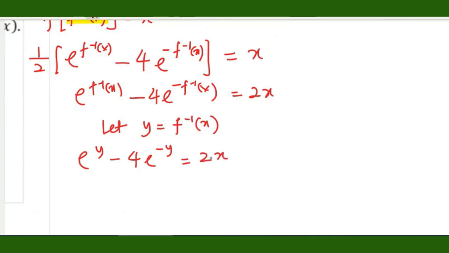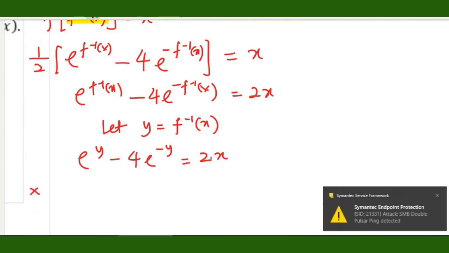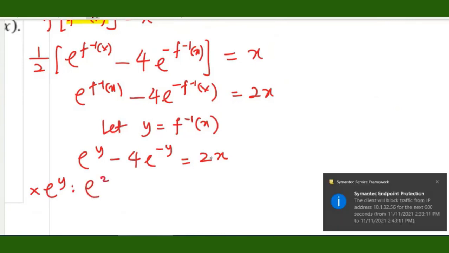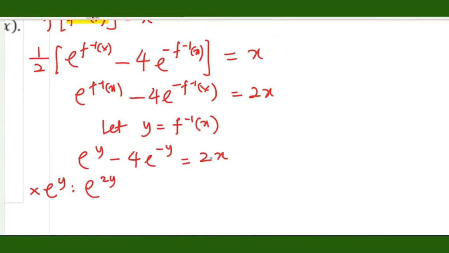In order for us to get a quadratic of exponential function, we multiply e to the power of y to the equation above, which we will end up having e^(2y) minus 4 equals 2x e^y.